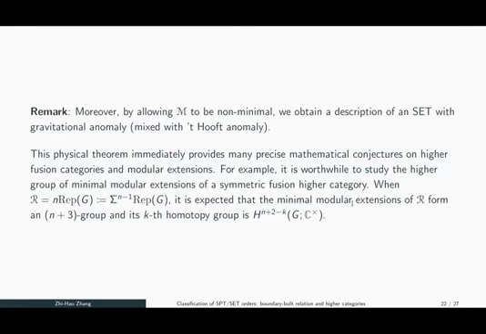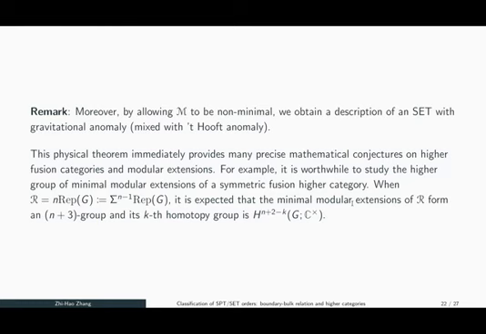So we expect that the minimal modular extensions of this higher category form an (n+3)-group. And this k-th homotopy group should be the group cohomology H^{n+2-k}. And you have many of these higher groups, and maybe there should be a structure like a spectrum or something.